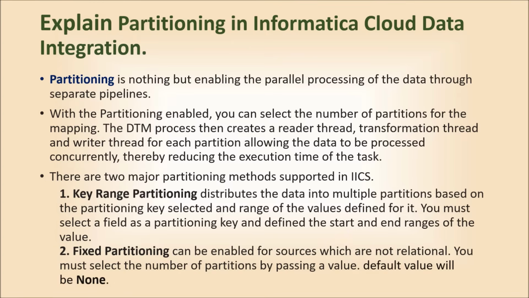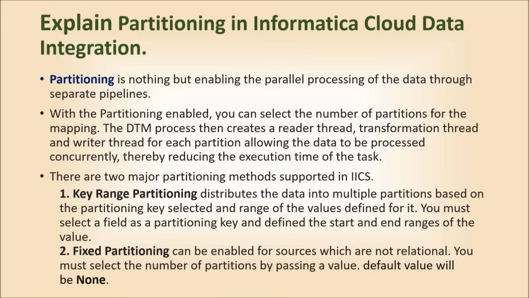So once you select key range partitioning, you have to give the partitioning key and also the start and end ranges of the values for it, so that based on that it will segregate the data load. By partitioning on the key, it segregates the data to threads and executes them.